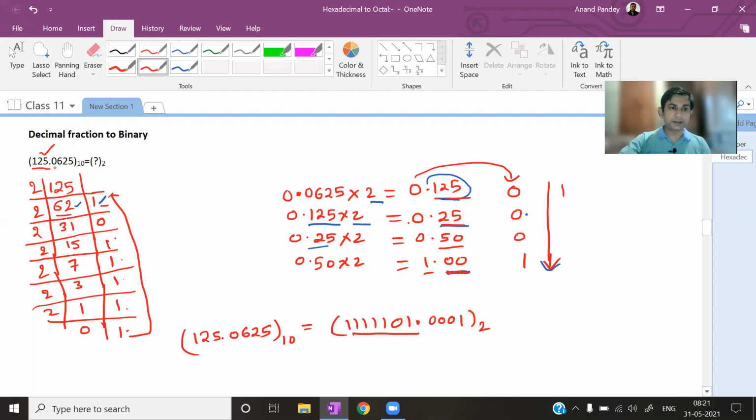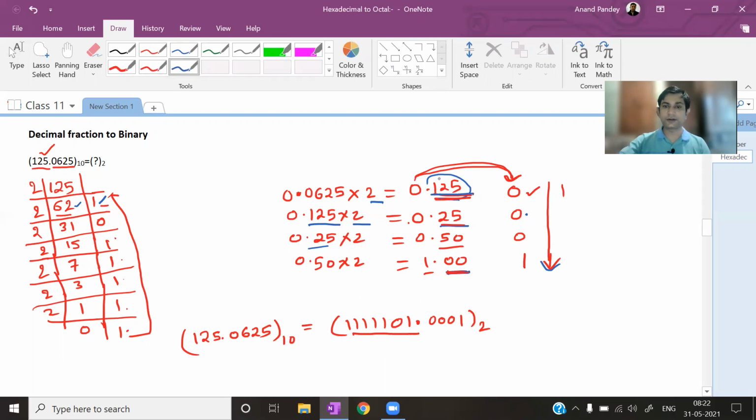And for the fractional part, please look at the board. In the fractional part, we multiply with 2. Whatever we get, the integral part we write here, and the fractional part we take for further calculation.